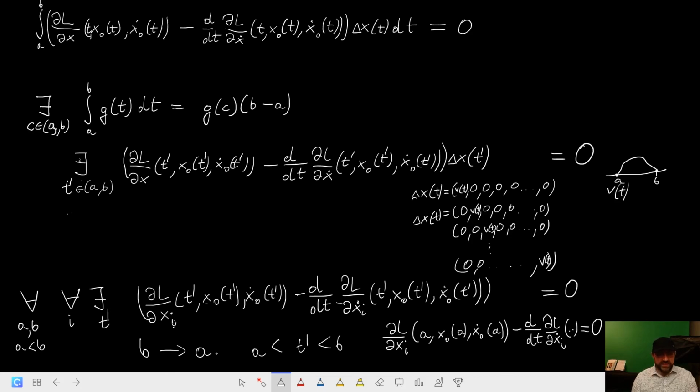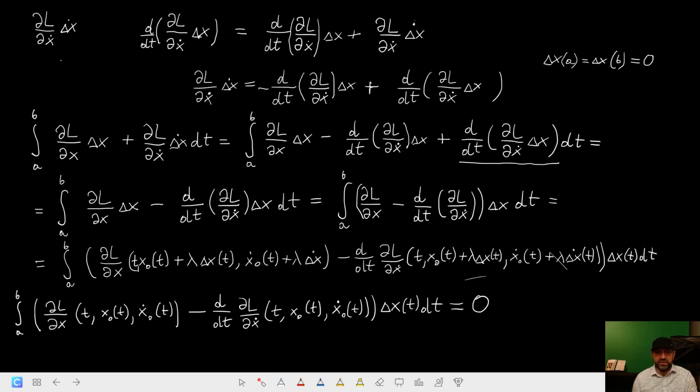So by this reasoning with convergence, we can prove that for each coordinate, the partial derivative of this and this, which is just the Euler Lagrange equation, is equal to 0 for A. But in the whole reasoning, A might be chosen arbitrarily, because there is nothing particular when we have chosen AB.